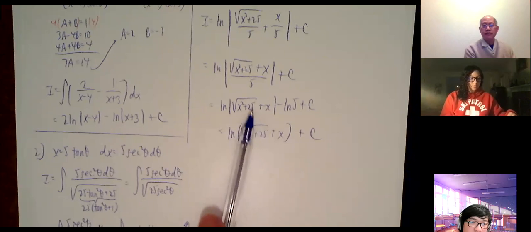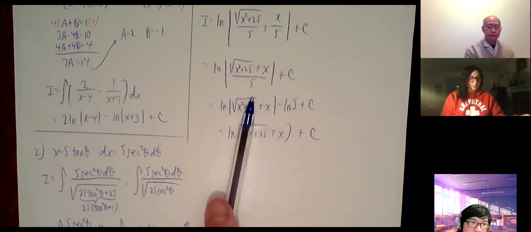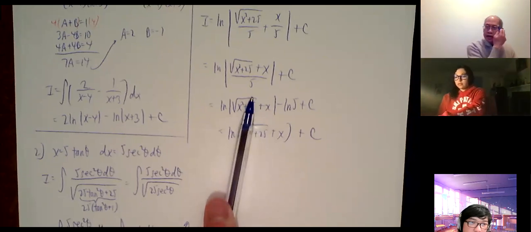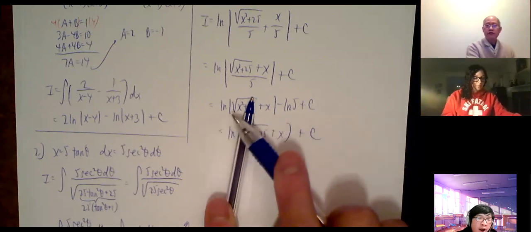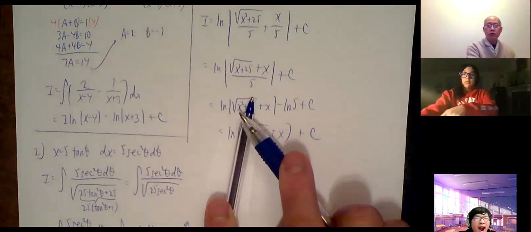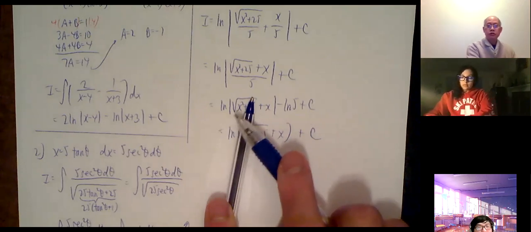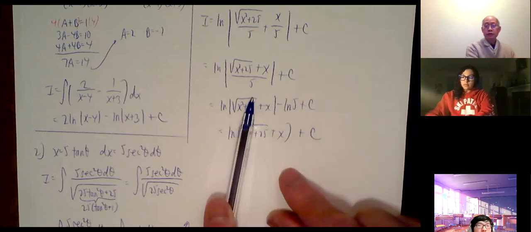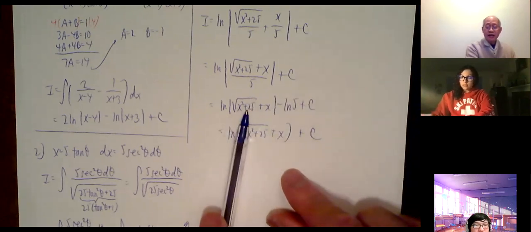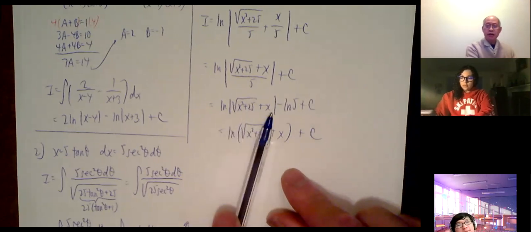The logic I'll give you is, pretend that 25 isn't there. Suppose I plug in negative 2. What's negative 2 squared? 4. Square root of 4, 2. 2 plus a negative 2, 0. But if I add anything to it, that's going to make this bigger than this in absolute value. So this is bigger than this.